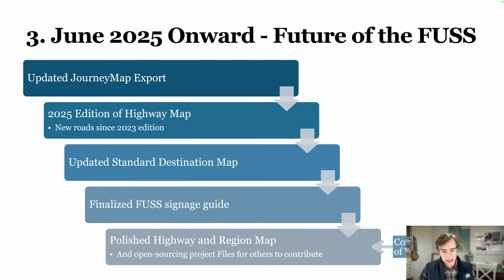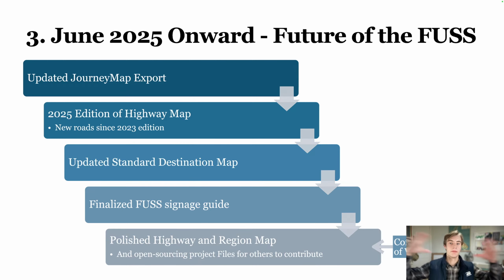And then finally, hopefully by the end of June or July, we'll publish that polished highway map, and then at the very end we'll have a bit of a connection to the community's finalization of the world region splits.